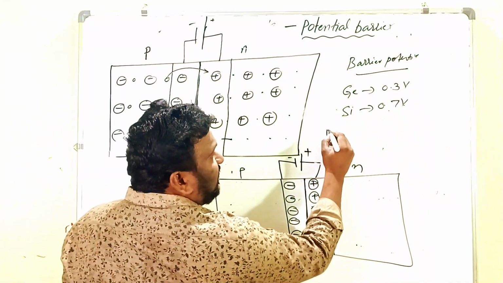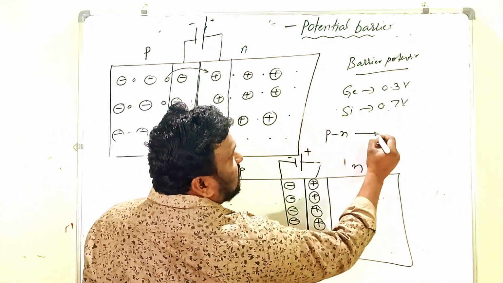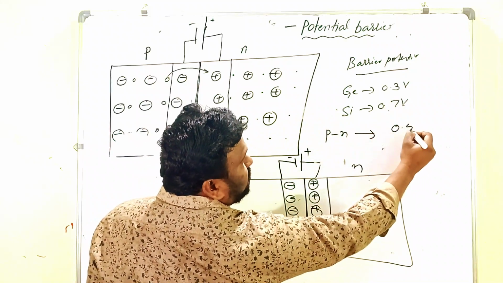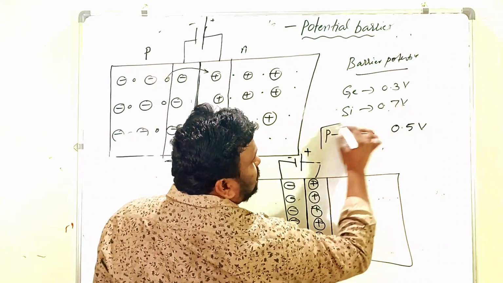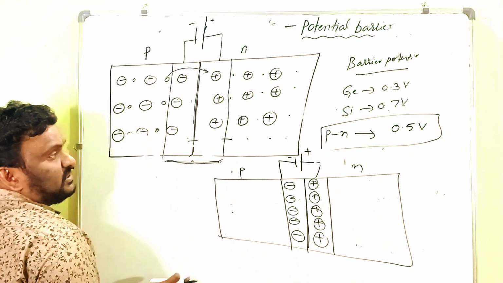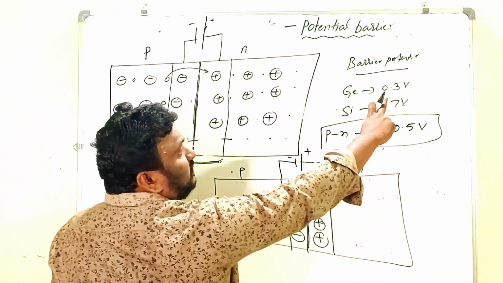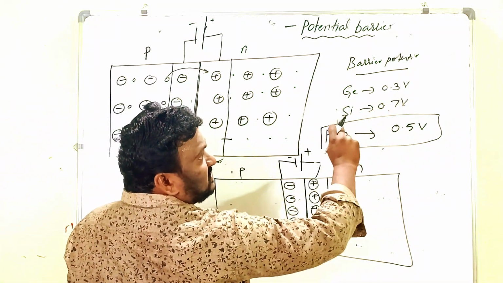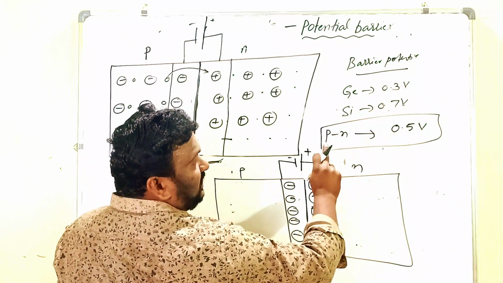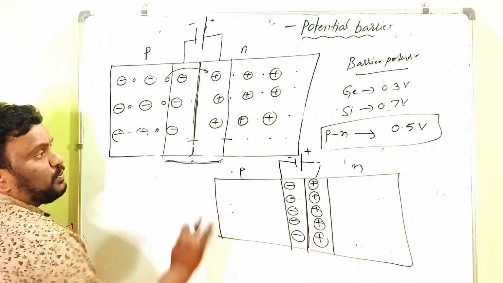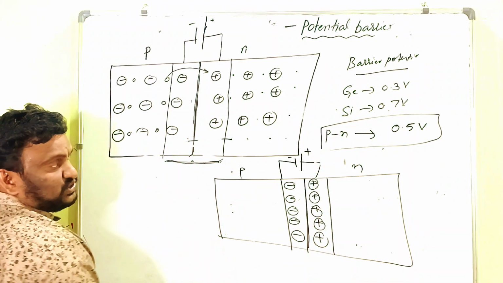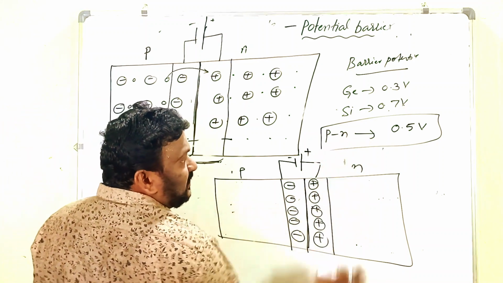And then for PN junction diode, the barrier potential is in between these two, like average potential is 0.5 volts. For germanium, it is 0.3 volts. For silicon, 0.7 volts. And if you take a combination of these two, it is 0.5 volts. So this is the average potential of PN diode.